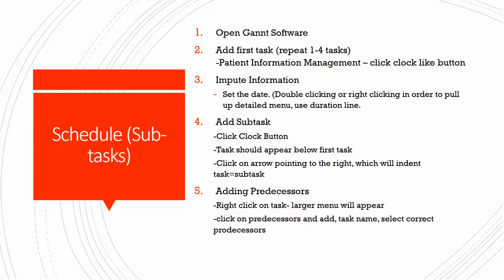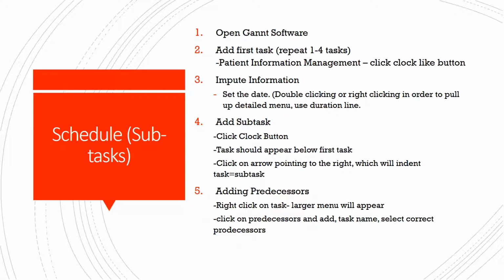Second, we're going to add first tasks. You're going to want to repeat 1 through 4 tasks for each of these, and then also go into the subtask, which we'll get to later. As an example, for patient information management, you're going to click on the clock-like button, and that's how you're going to add your first tasks, and then also computing your subtask, which again, we'll get to in a minute.